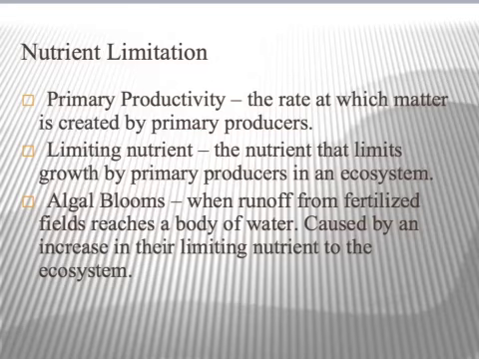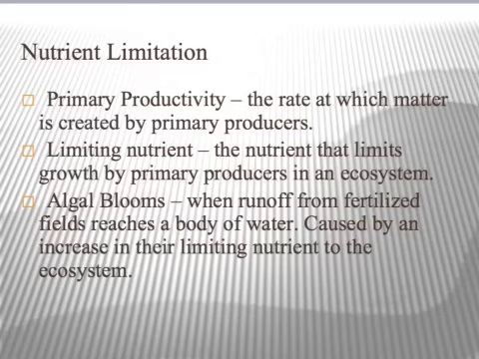Algal bloom. All right, because we're dealing with things in cycles, and things will depend on the form that carbon, nitrogen, or phosphorus is in, where it's located, that type of thing, there can be some limitations. So if we go back to this idea of primary productivity, this involves the rate at which matter is created by primary producers, that first trophic level.